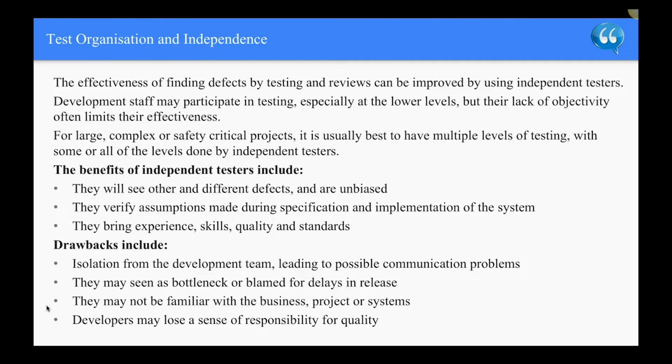So options for independence in a test team include: no independent testers, developers testing their own code, which is a low level of independence; independent testers within the development teams, or other developers doing the testing; independent test teams or groups within the organization; independent testers from the business organization or user community; independent test specialists for specific test types such as usability testing, security testing, or certification, which involves regulatory testers; and independent testers outsourced or external to the organization.